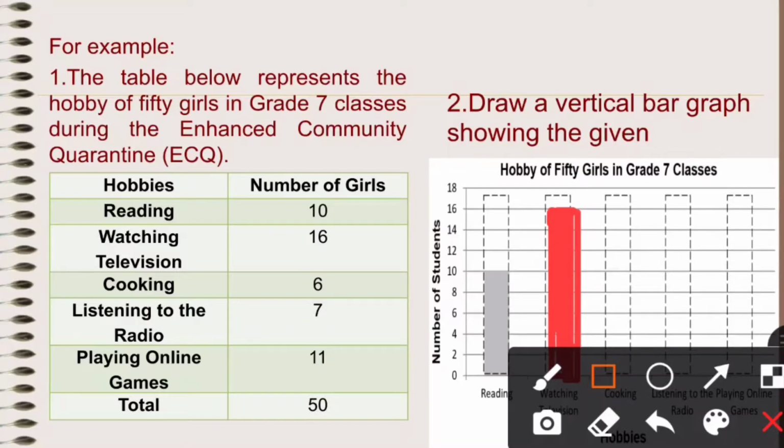Again, it must be of equal width, no? Dapat parehas sila ng laki, parehas yung space. Pagpasensya nyo na yung gawa ko. As what I have said, the gaps are also equal. Yung pagitan, dapat parehas din, no?